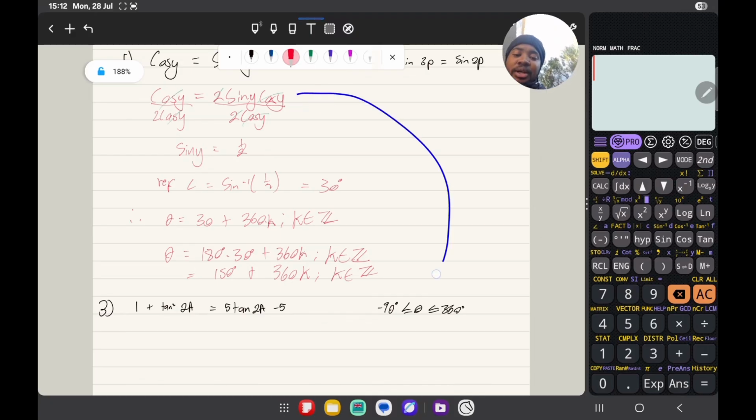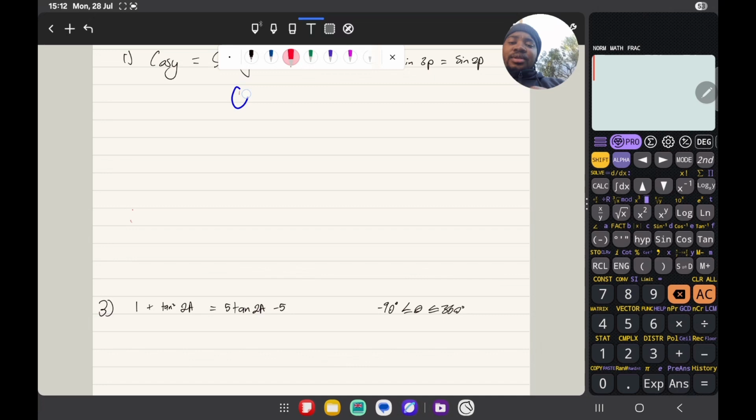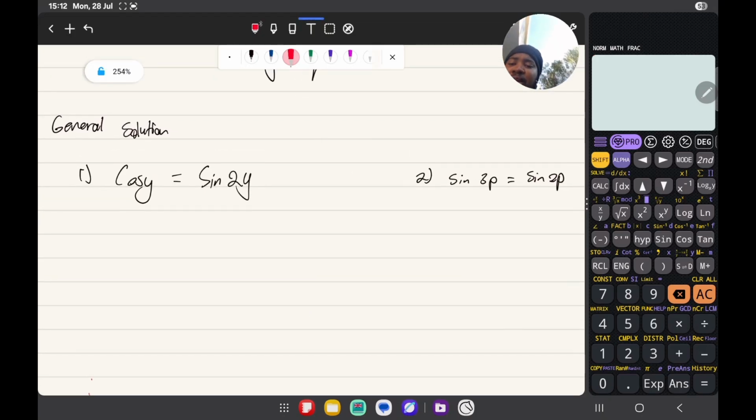For example, one person can say, okay, I have cos, let me say sine of 90 minus y, which of course gives you cos y equals sine 2y.